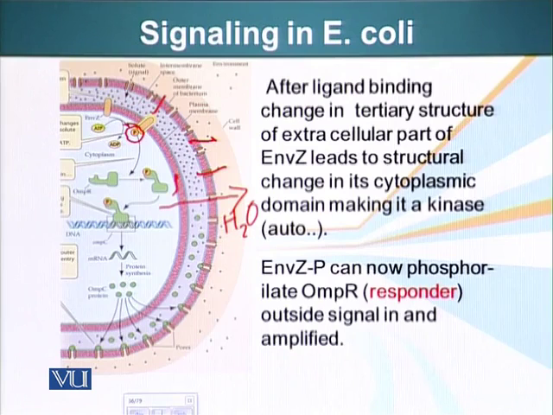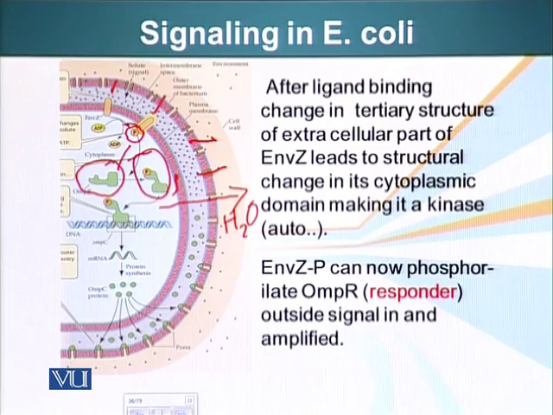Once this happens, another protein present in the plasma membrane called OmpR, which could previously not engage the inactive EnvZ, now senses that EnvZ has been activated, binds it, and in turn EnvZ phosphorylates this protein, our protein OmpR.